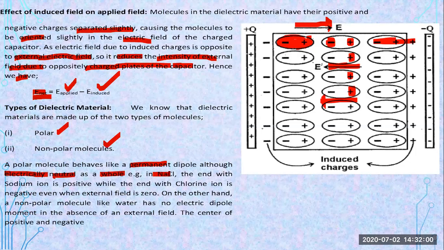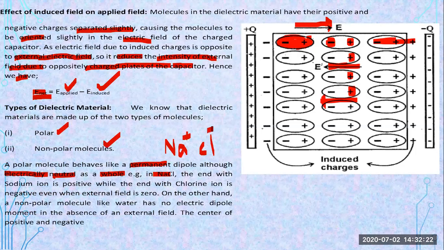For example, sodium chloride. The end with the sodium is positive while the other end with the chlorine is negative, because its formula is NaCl. Sodium is a metal which always carries positive charge, and chlorine being a gas is basically negative.